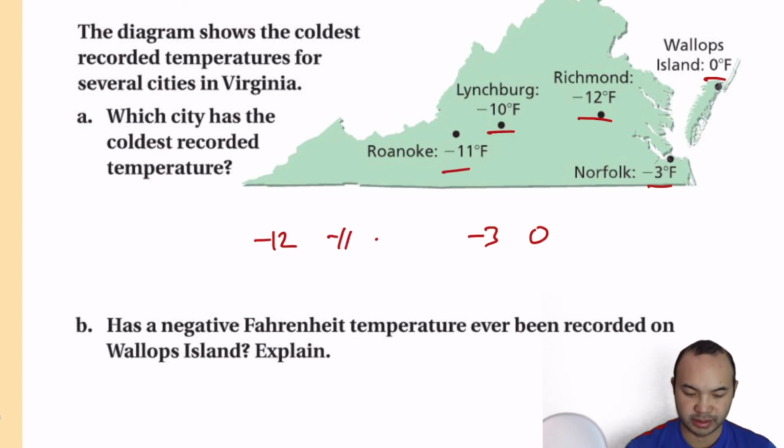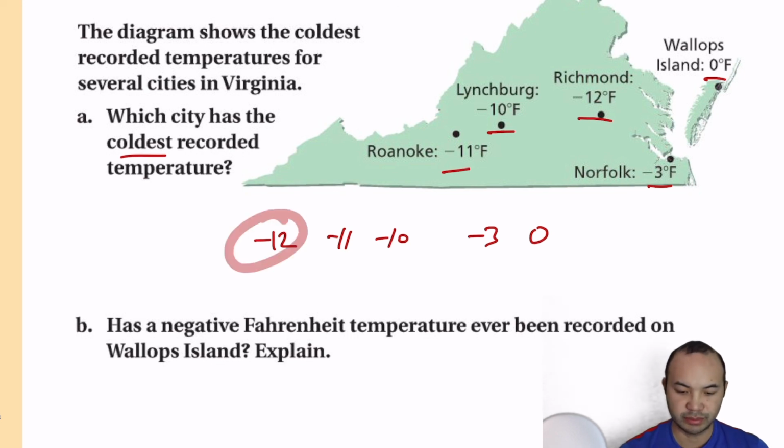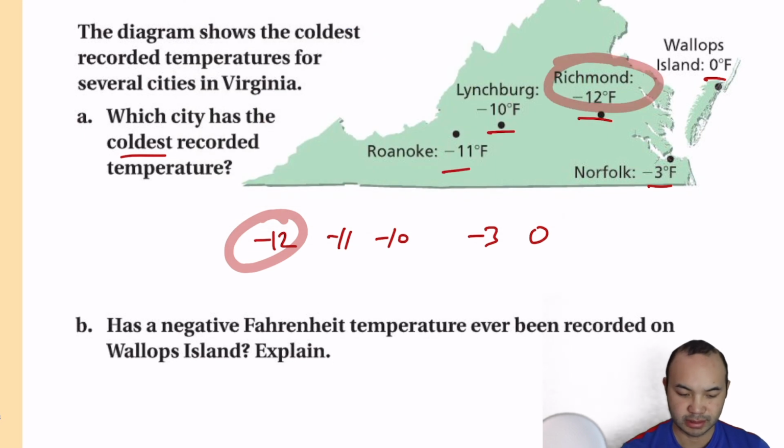And -10 would be to the right of -11. So you could kind of do it this way. It's not really a number line, but you're ordering it in the proper way. So the coldest recorded temperature, cold means it's to the left of 0. So it's going to be -12, which would be Richmond is the coldest.